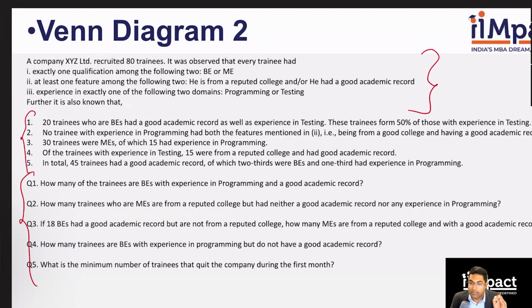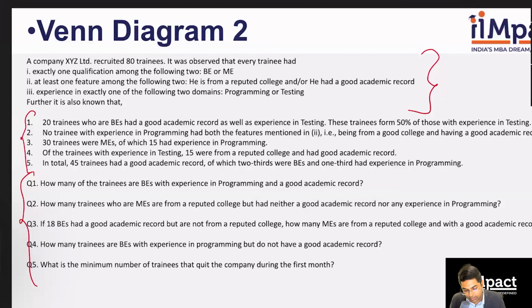Even if I take a three set Venn diagram and if I try to make it into a table, there will be six rows or six columns depending on how you make it. Only A, only B, only C, AB, AC, BC, and ABC. And if I increase it to four elements or maybe more, like in this set, your table and the combinations will go all over the place, right?